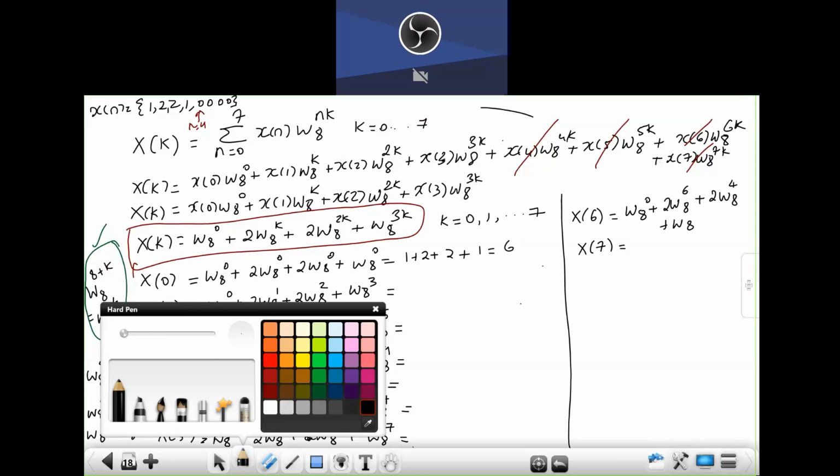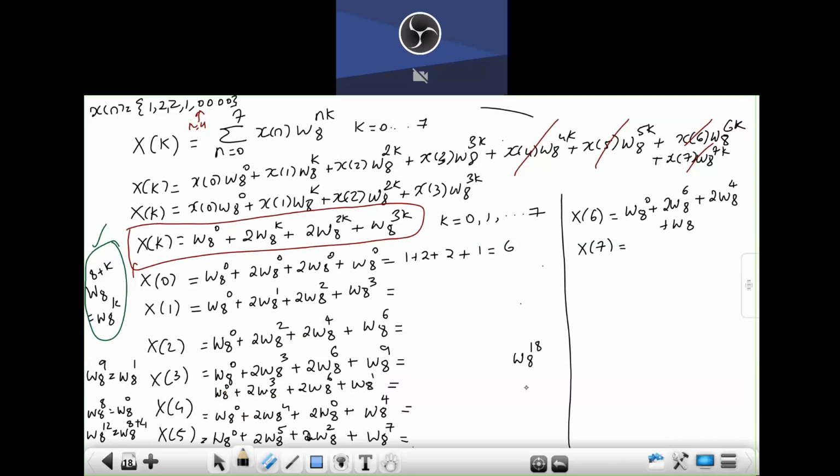You can write W8 power 18 as W8 power 16 plus 2, which is the same as W8 power 2. If you're not understanding, you can write it as W8 power 10 plus 8, n plus k. Further you split it, W8 power 8 plus 2, that is nothing but W8 power 2. So this is W8 power 2. We leave some space to write that answer.